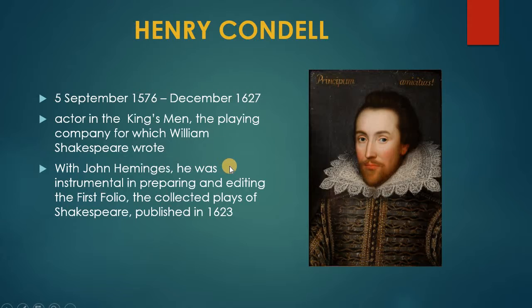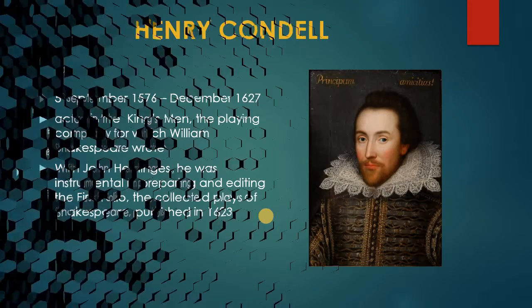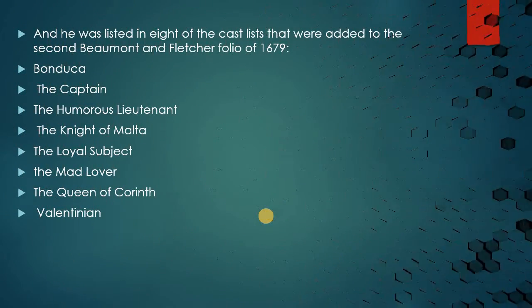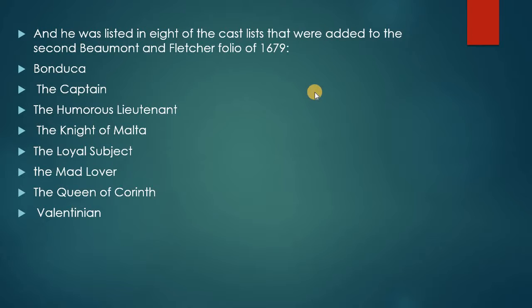With John Hemmings, he was instrumental in preparing and editing the First Folio, the collected plays of Shakespeare, published in 1623. Henry Condell was listed in 8 of the cast lists that were added to the second Beaumont and Fletcher folio of 1679.